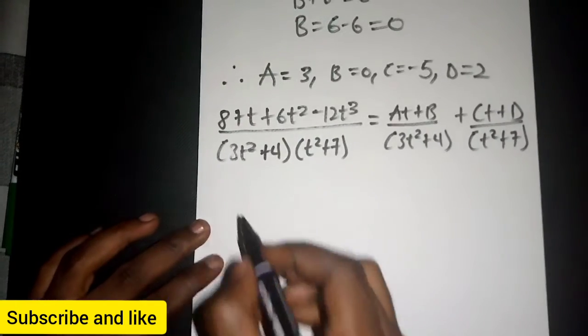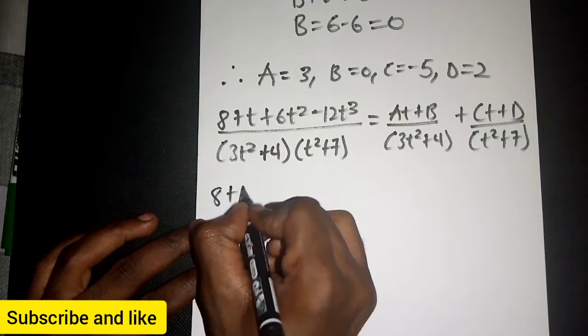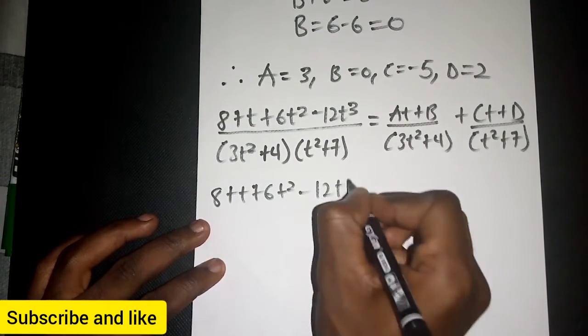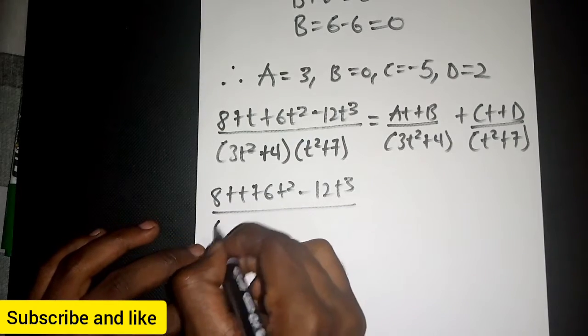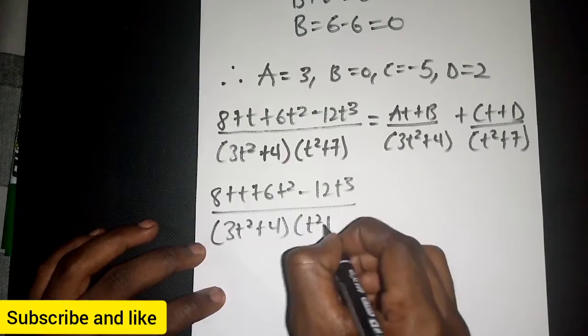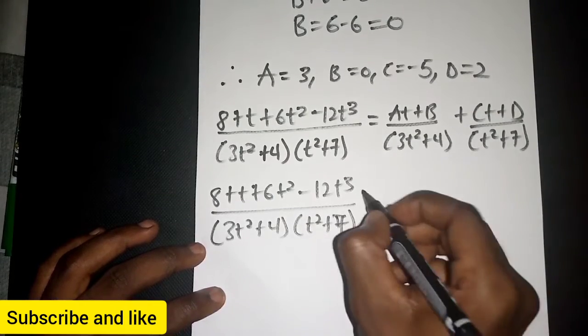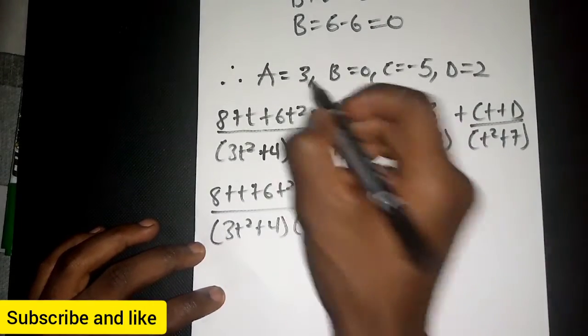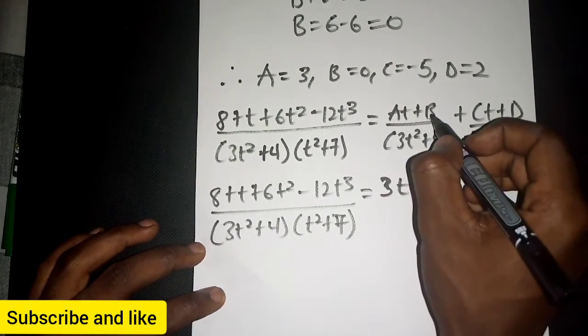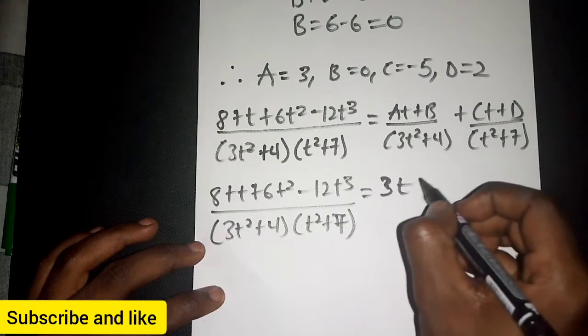So from here we have 8 plus t, so just this whole thing again, and 3t squared plus 4 here, and t squared plus 7 being equal to, now the value of a is just 3, so we have 3t, then the value of b is 0, so it goes away.